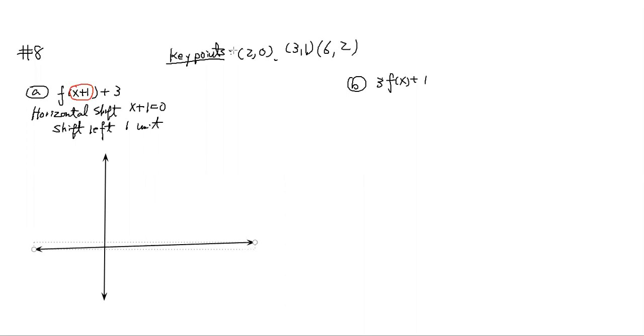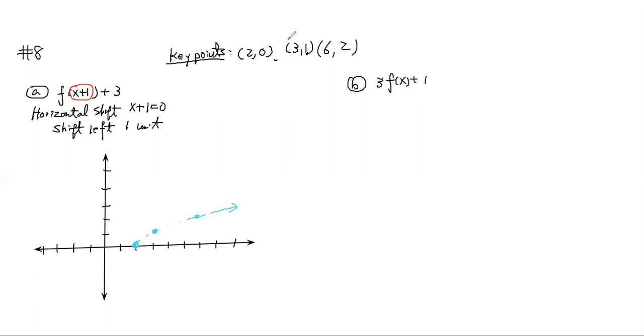Okay, so now this is 1, 2, 3, 4, 5, 6, 7, 8. 1, 2, 3, 4, 5. 1, 2, 3, 4. Okay, I'm going to mark where my original points are. So this is 2, 0, 3, 1, 6, 1, 2, 3, 4, 5, 6, 6, 2. So it's here. All right, so this was my parent function here. Not the parent, it is what we originally started with.